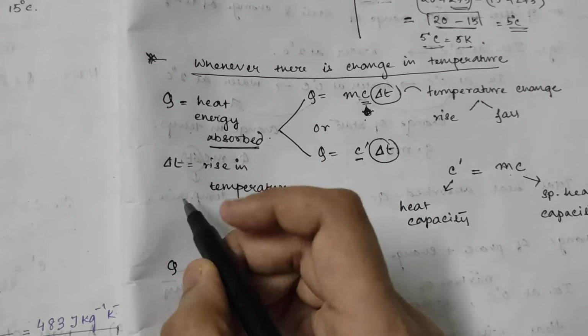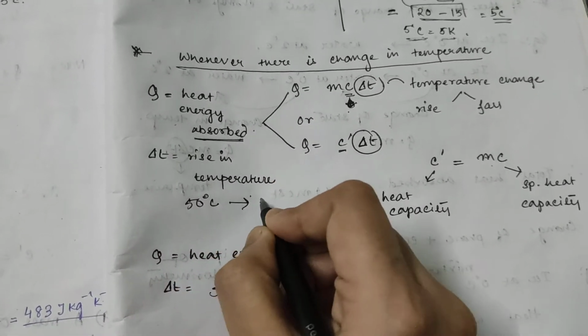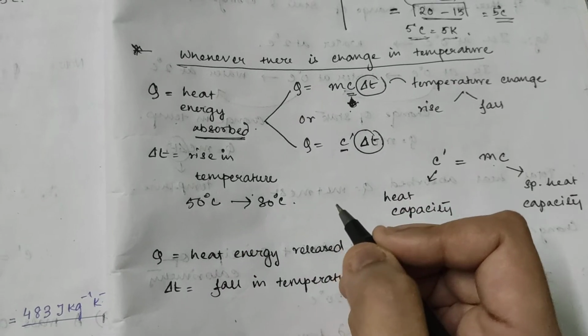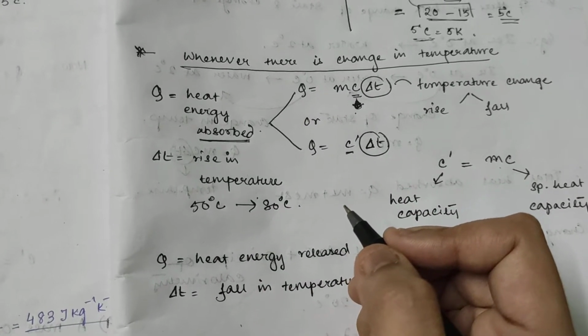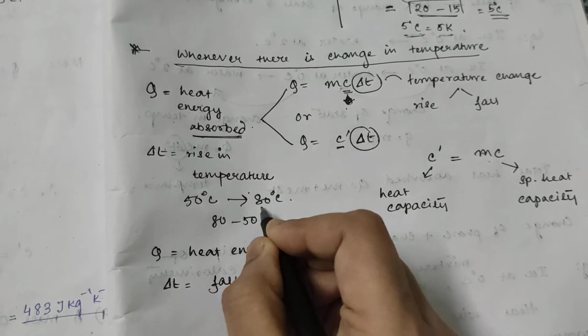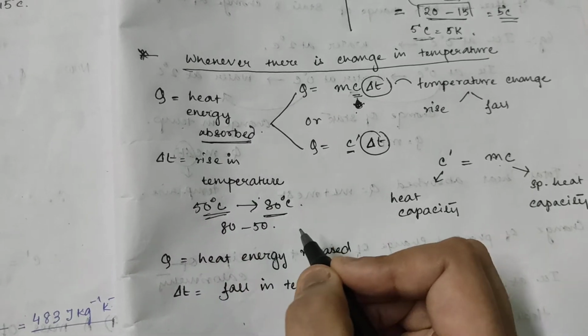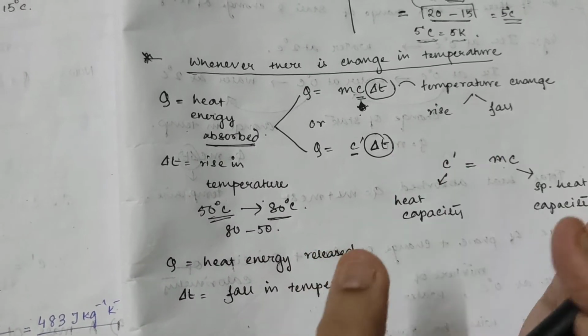Say initially it is at 50 degrees, now it absorbs heat and its temperature rises to 80 degrees Celsius. What will be the delta T? Rise in temperature will be 80 minus 50, final minus initial, when it's rise in temperature. Basically delta T is positive.